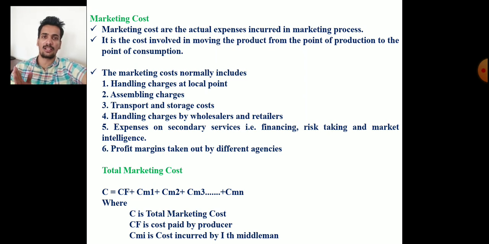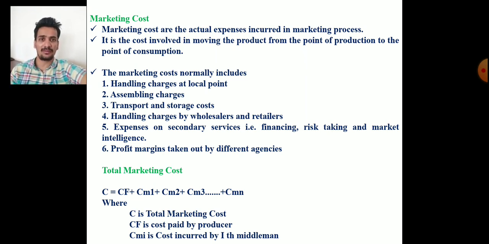As we know, for different agricultural products or crops, there are different channels. So CM1 is the first middleman or first marketing intermediary. CM1 is the cost incurred by the first middleman, plus the cost incurred by CM2. This is how you can calculate the total marketing cost.